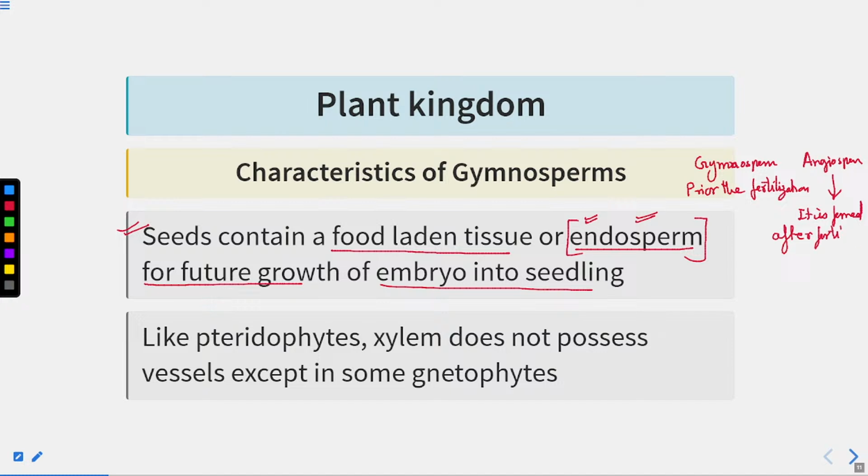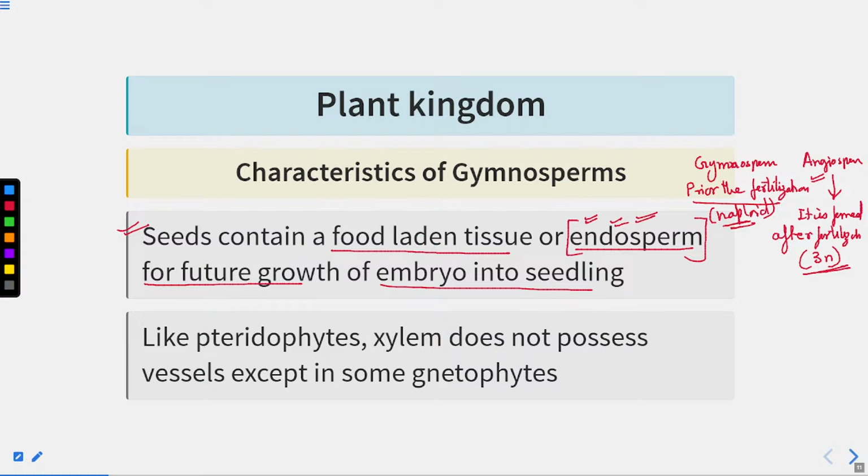This is the major difference. And due to this, this is haploid in nature, and this is triploid, because we will discuss this in the angiosperm. You just remember that this is triploid, whereas in the case of gymnosperm, this endosperm is haploid in nature, right?